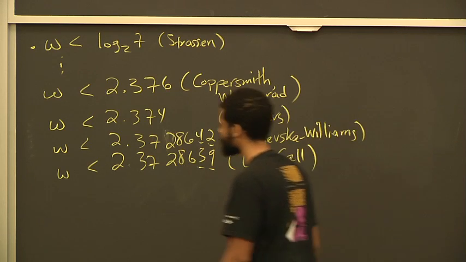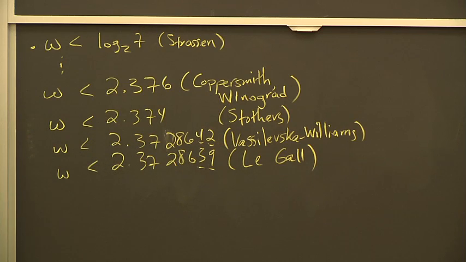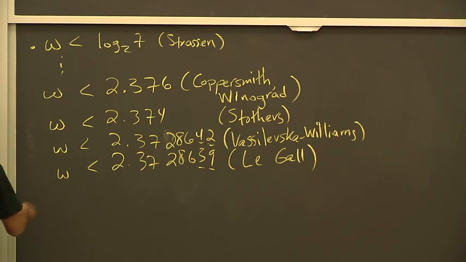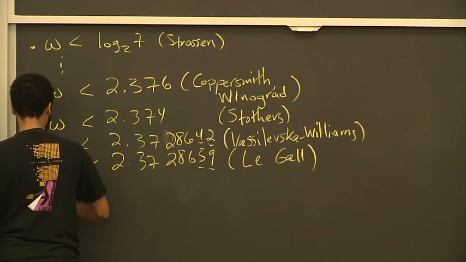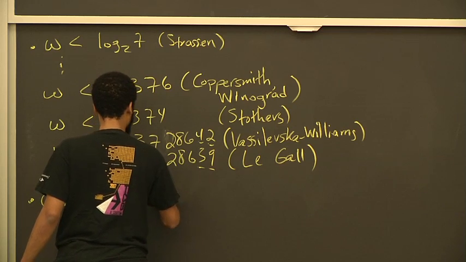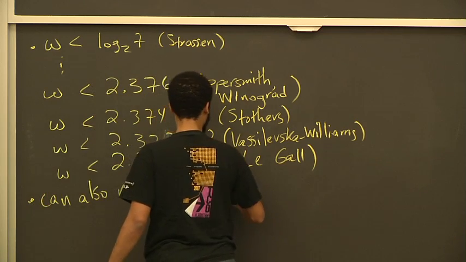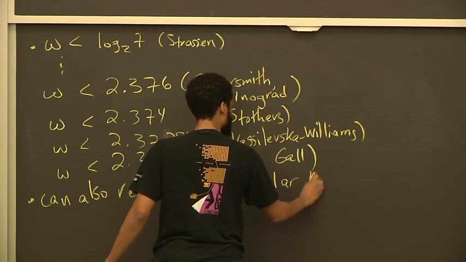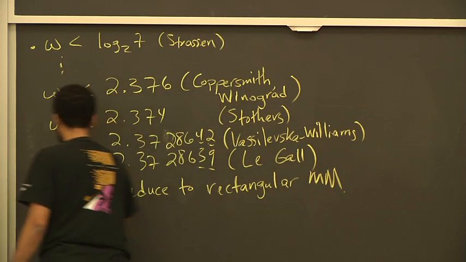Ideally, you want omega to be 2, right? The output has size d squared. You could also reduce to a bunch of rectangular matrix multiplications. What does that mean?